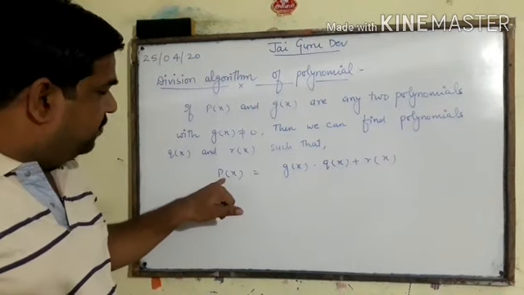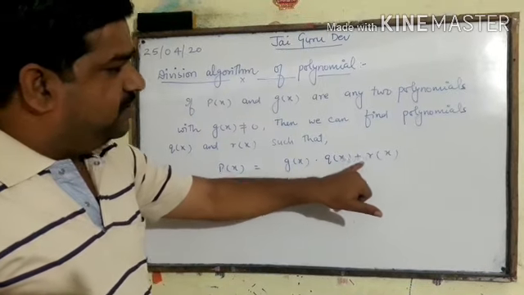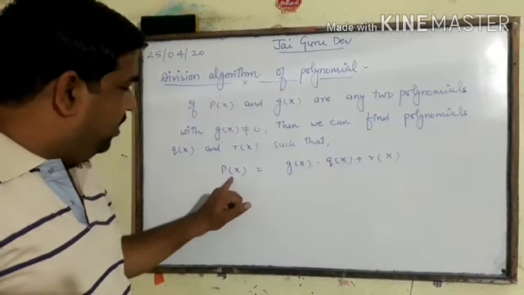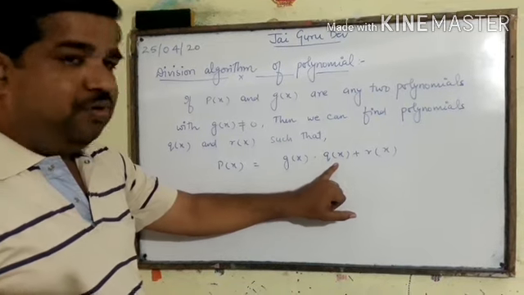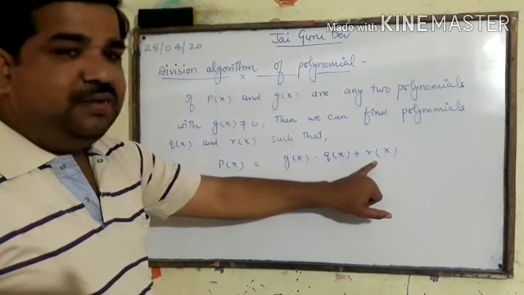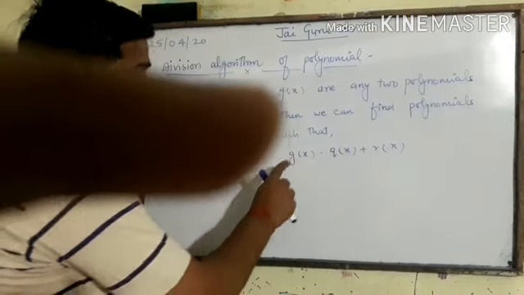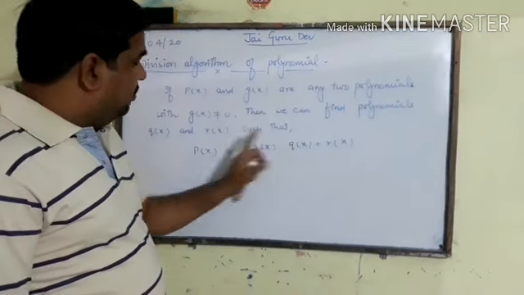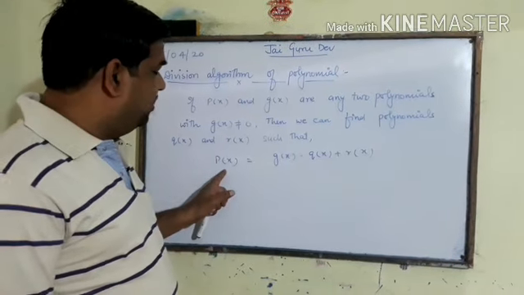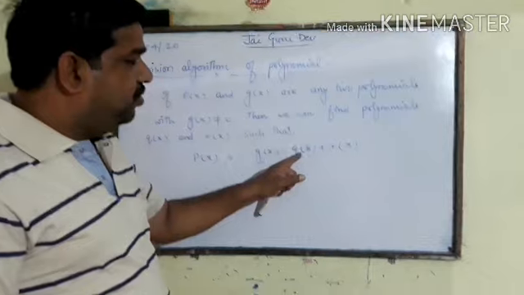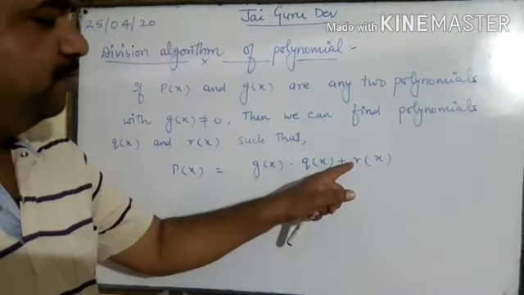In the expression p(x) = g(x) × q(x) + r(x), p(x) is the dividend, g(x) is the divisor, q(x) is the quotient and r(x) is the remainder. All of these are polynomials.